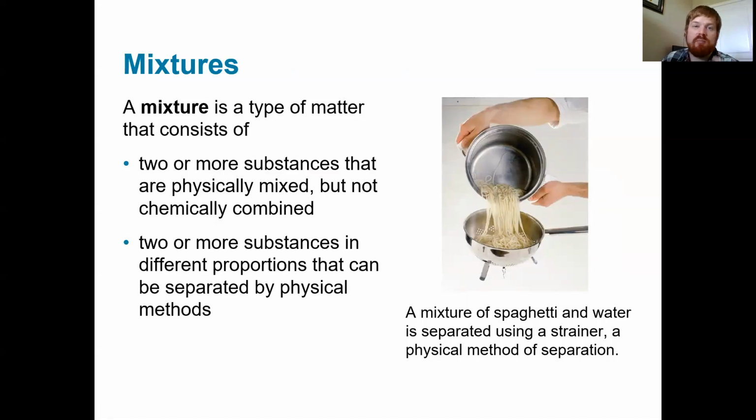Now, most substances that we encounter on a daily basis are going to be mixtures. Just for the reason that, and we'll talk about this in the future again, matter tends to mix. It's hard to keep pure substances pure. So unless you have specifically distilled water, okay, that is a pure substance, that's a compound, H2O. Most other things that you encounter on a daily basis are mixtures.